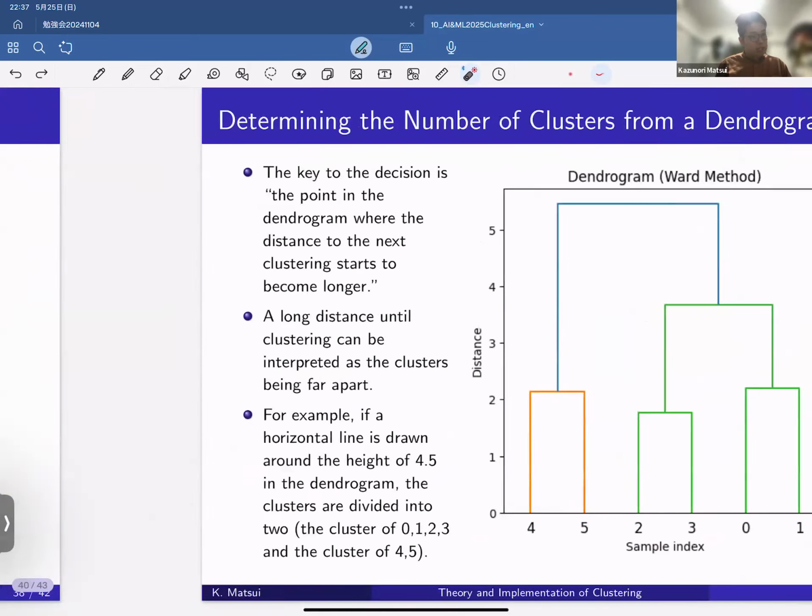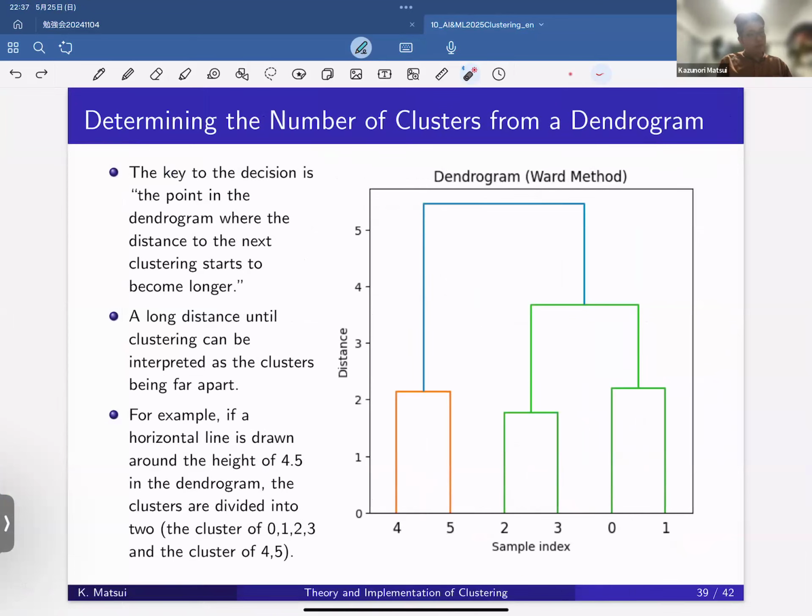We can determine the number of clusters using a dendrogram. It becomes the basis for a decision. The key to the decision is the point in the dendrogram where the distance to the next clustering starts to become longer.